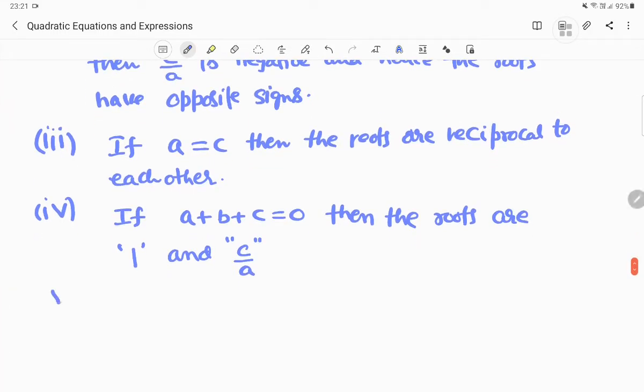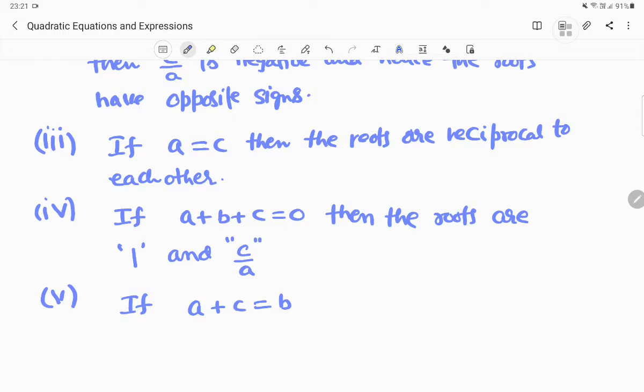Similarly, if it is A plus C is equal to B, that means A and C are positive sign and B is negative sign. If A plus C is equal to B, that means B we can take as minus only.